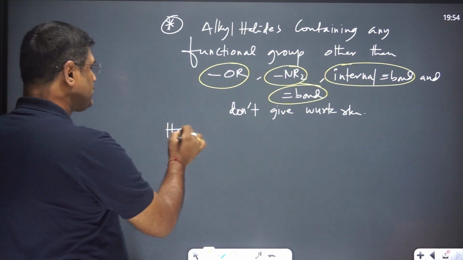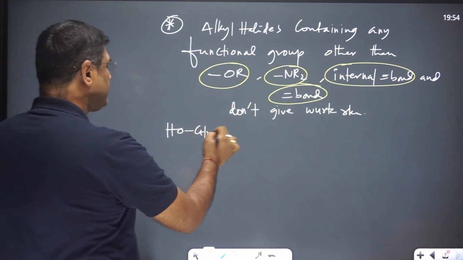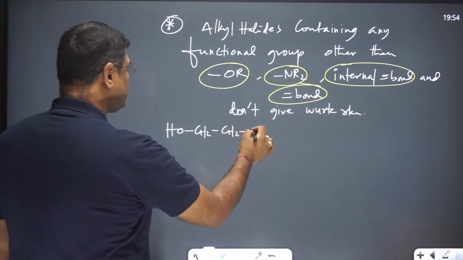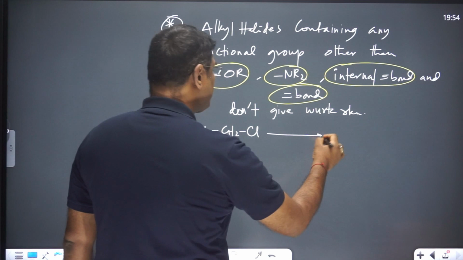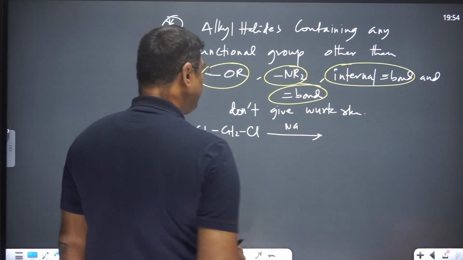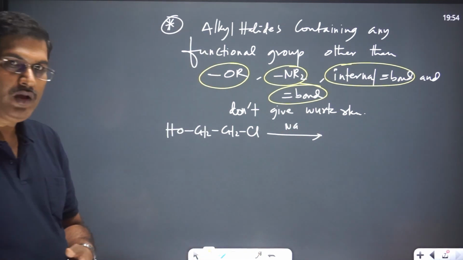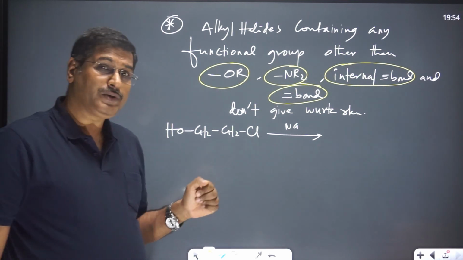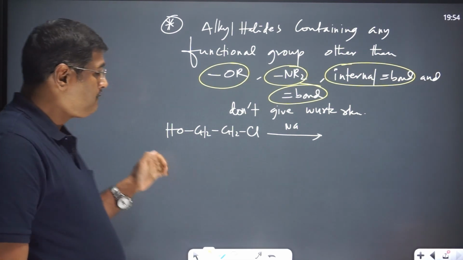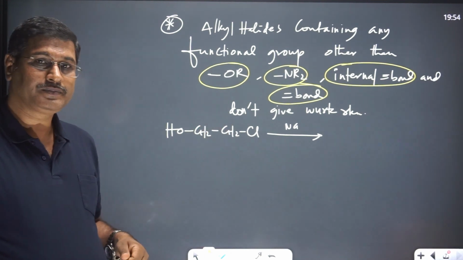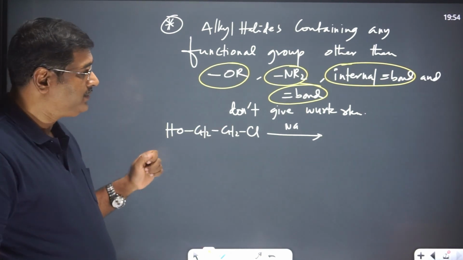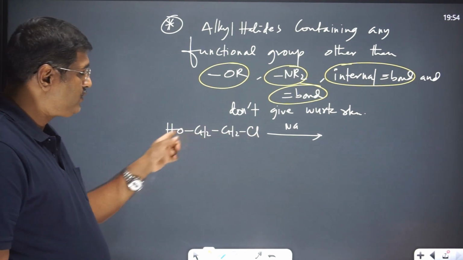This one is HOCH2CH2Cl. If that reacts with Na, what happens here? The OH group is present. This is acidic, and the reaction takes place here.